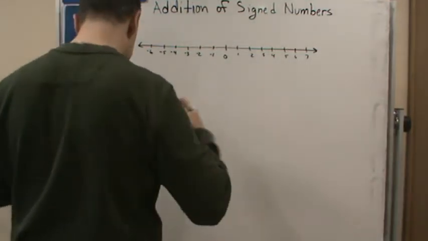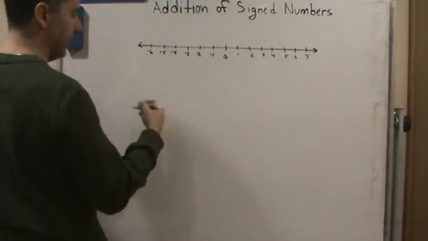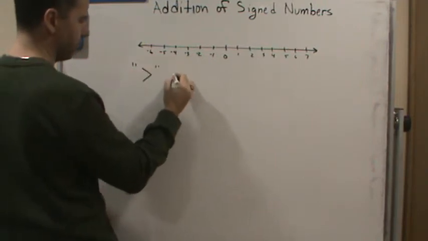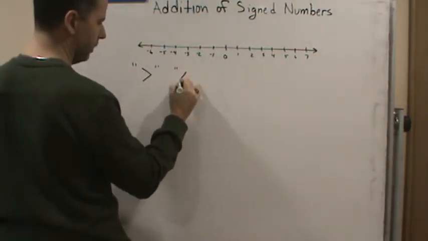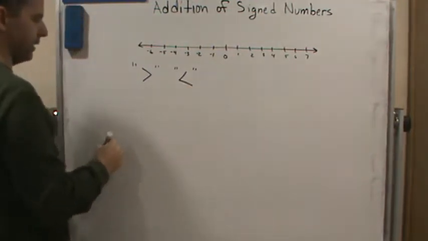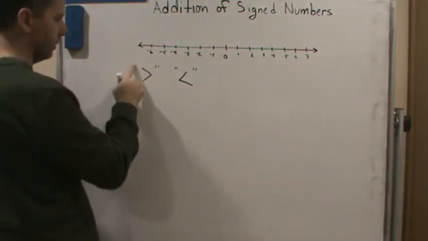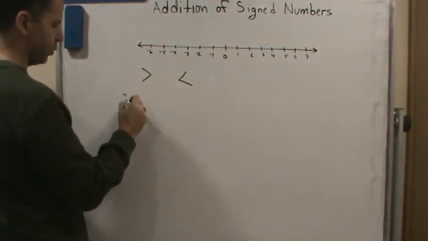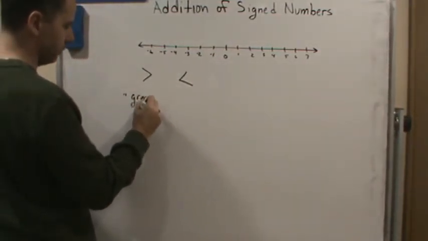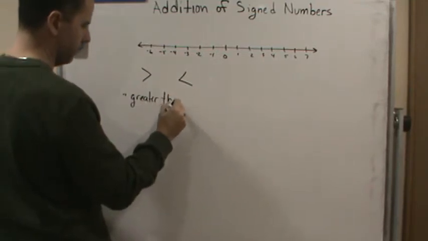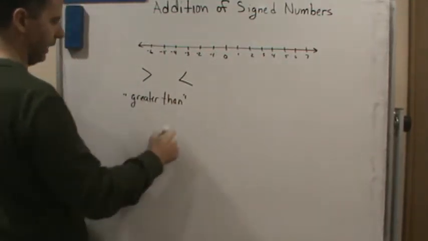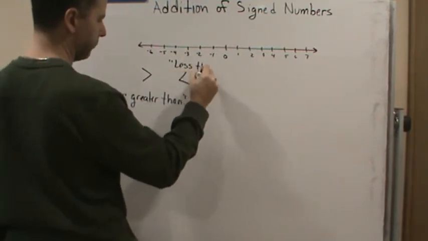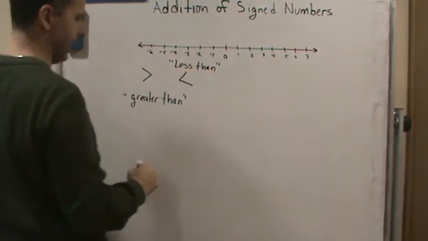And so that brings us up to inequalities. We have symbols like this, and we have symbols like this. So this means greater than. And this one means less than.